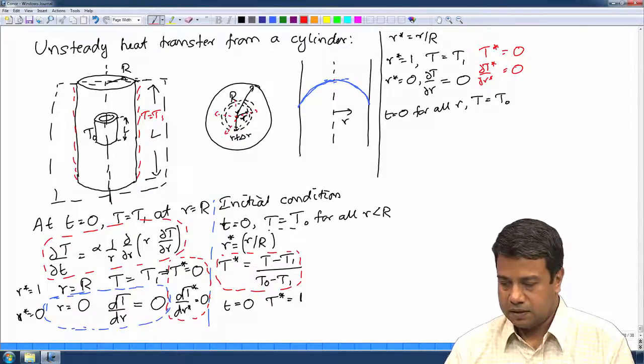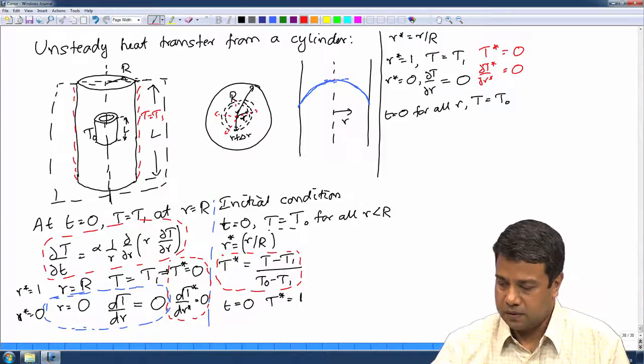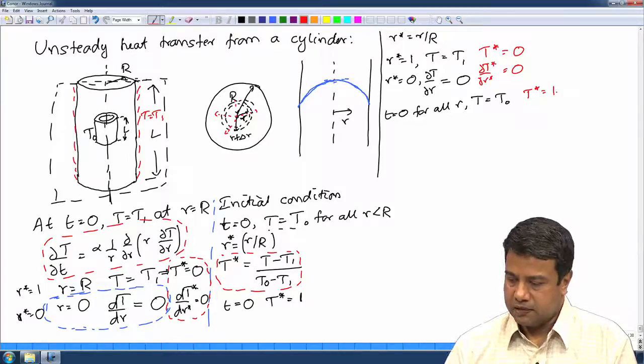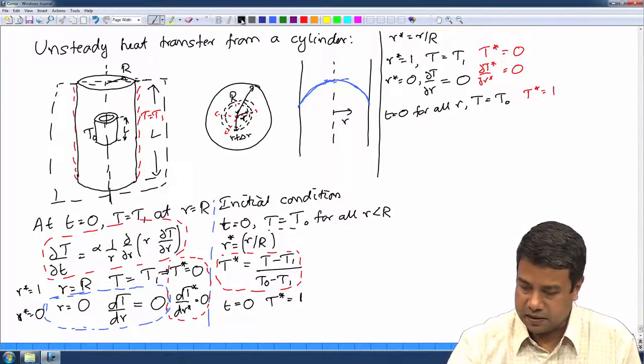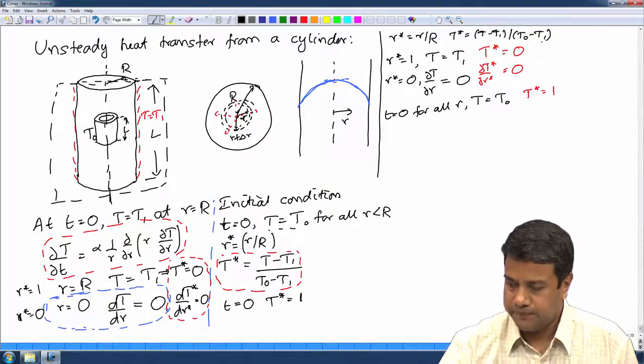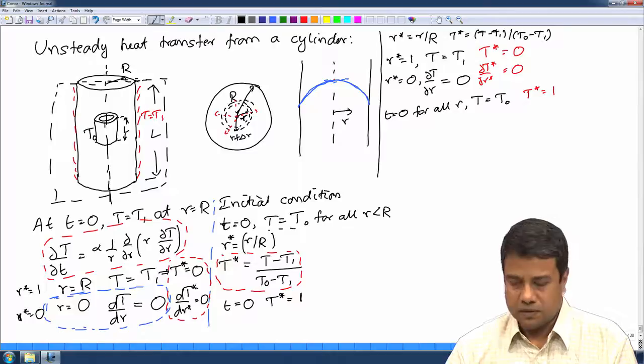At t is equal to 0 for all r, the temperature is equal to T naught, which means that T star is equal to 1. I have defined my scale temperature as T star is equal to (T minus T1) by (T naught minus T1). So, those are the equations and the boundary conditions.